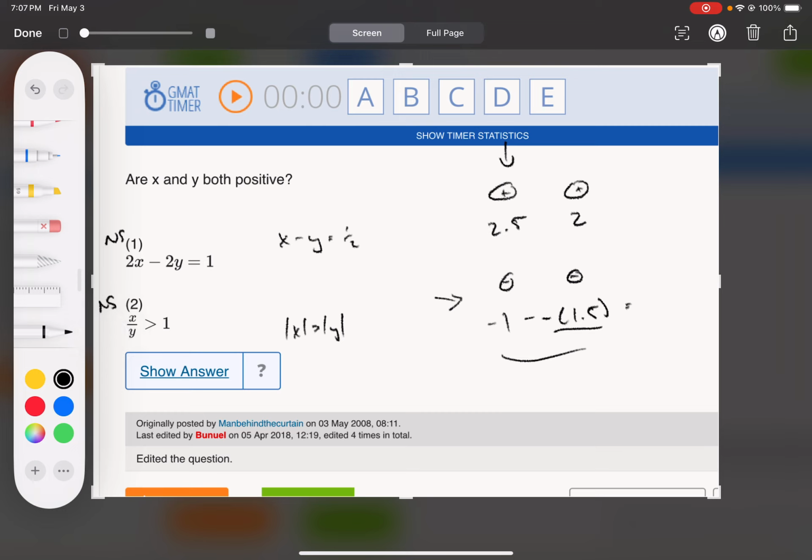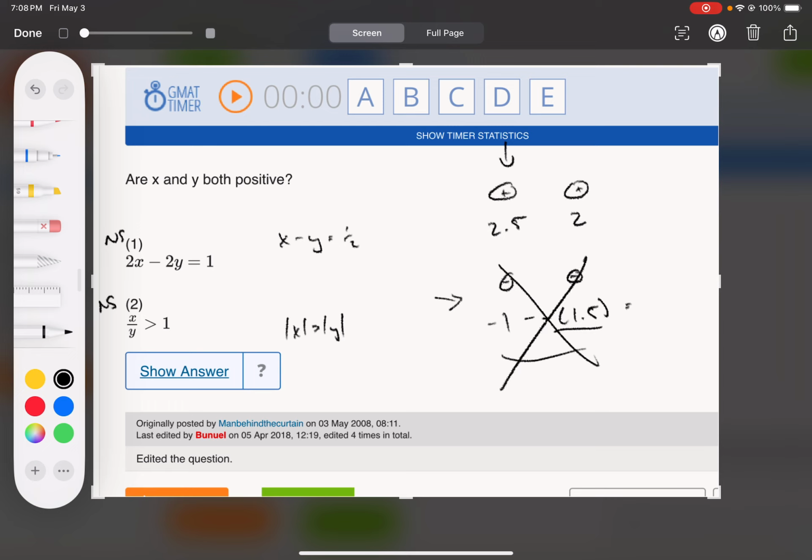Negative 1 minus negative 1.5, or negative 2 minus negative 2.5. That second negative number, y, would need to have greater magnitude in order to flip positive and then bring it up to positive 1/2. So looking at number 2, knowing that x's magnitude is bigger, this case is out.